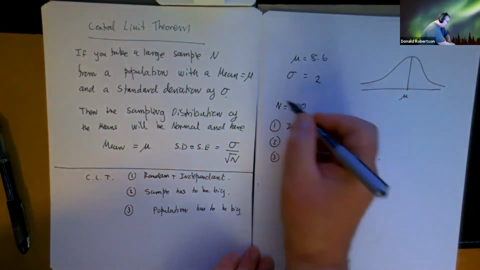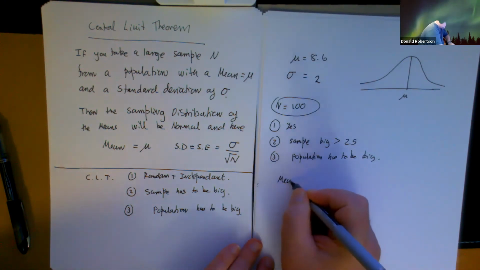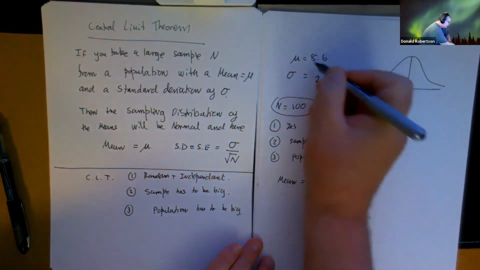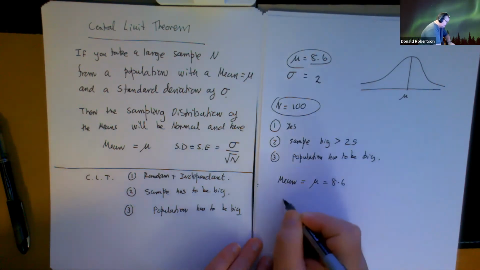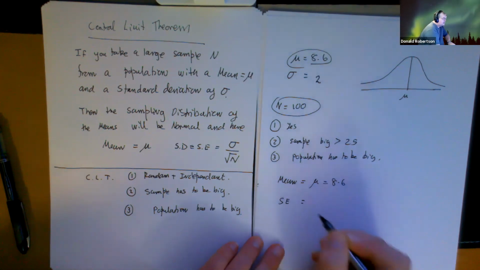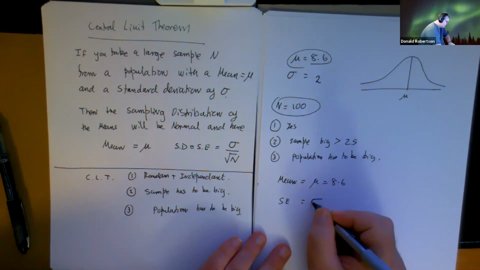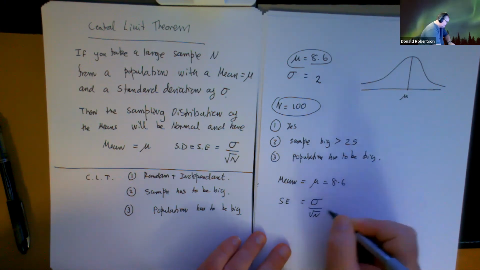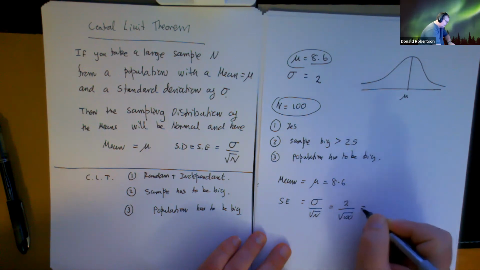Now for this particular sample size of 100, its mean is going to be mu, which is 8.6. And the standard error, standard deviation if you prefer, is going to be sigma over the square root of n, which is 2 over the square root of 100.